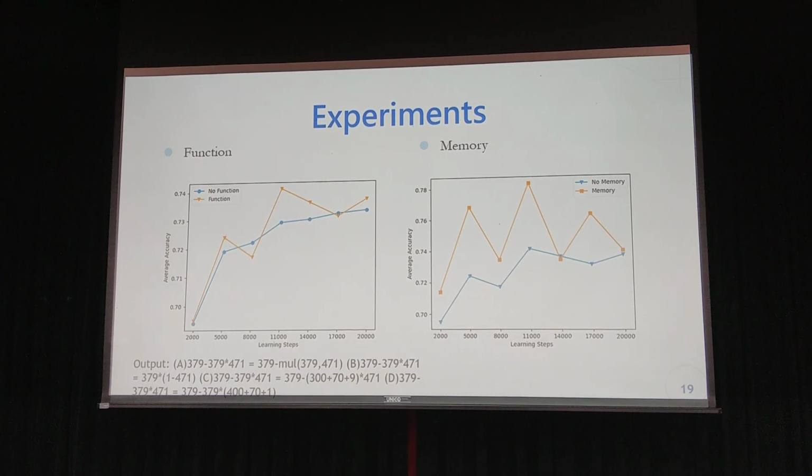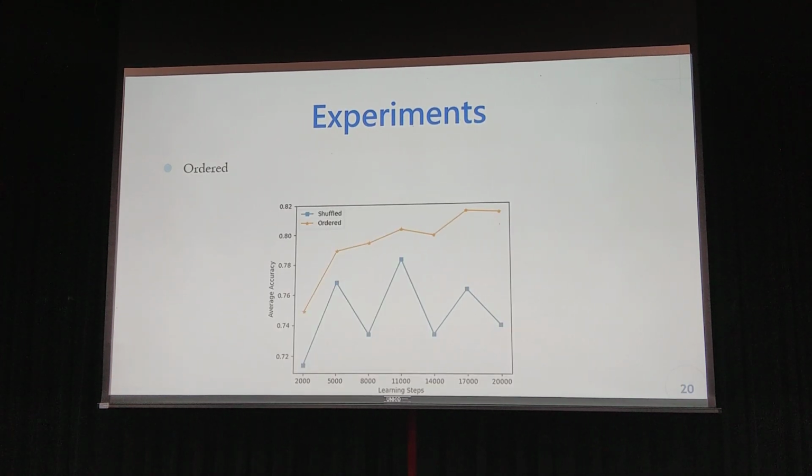On the right-hand side, the memory method shows that the memory really can improve the average accuracy. And third, we add the order. Before adding order, we can see that the average accuracy is very unstable, because the data is not ordered, and the model finds it hard to learn how to decompose every digit or number, how to add it, or how to subtract it.